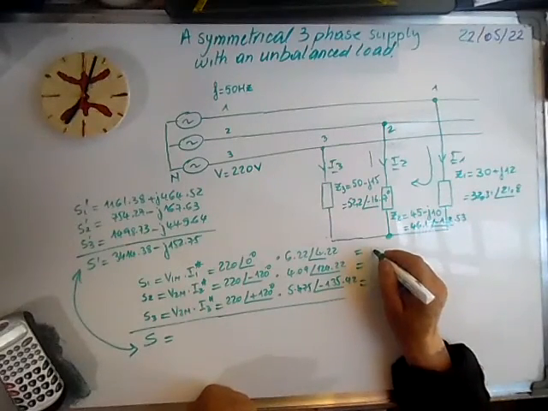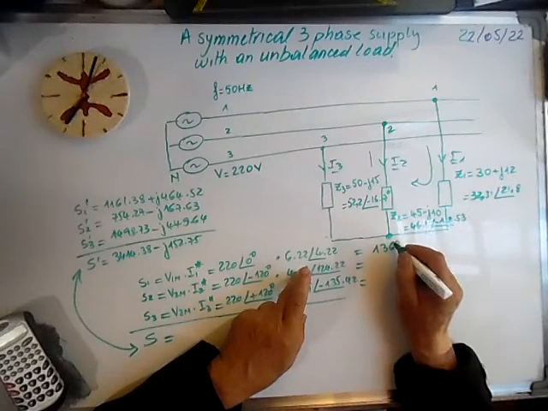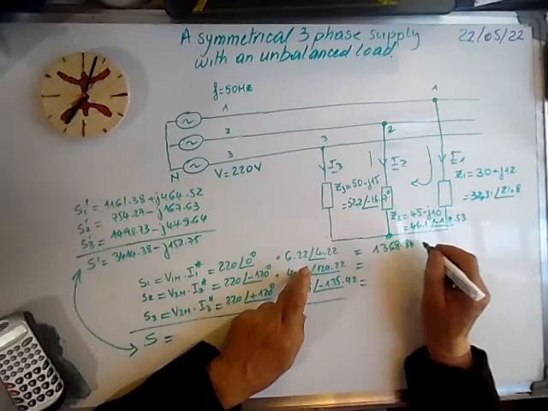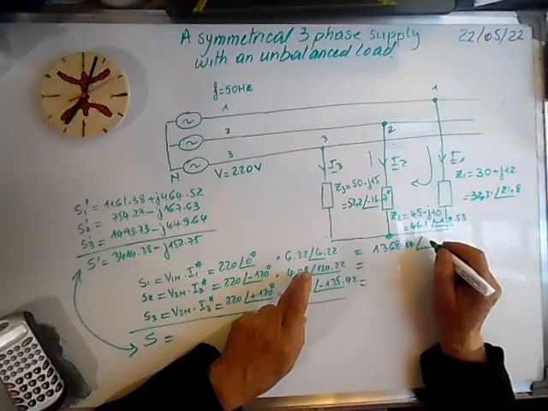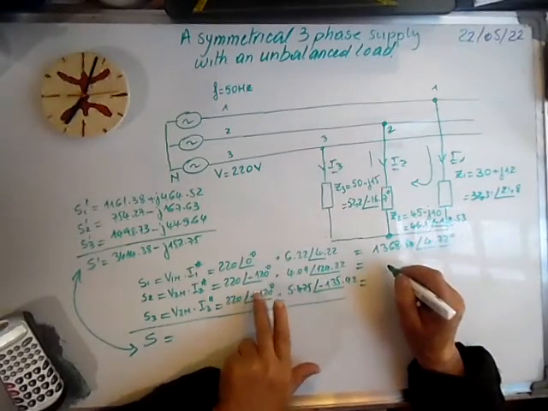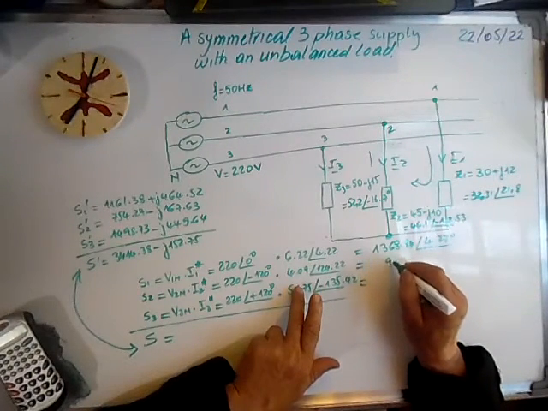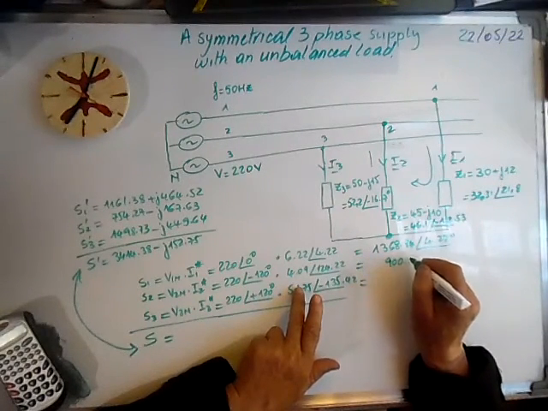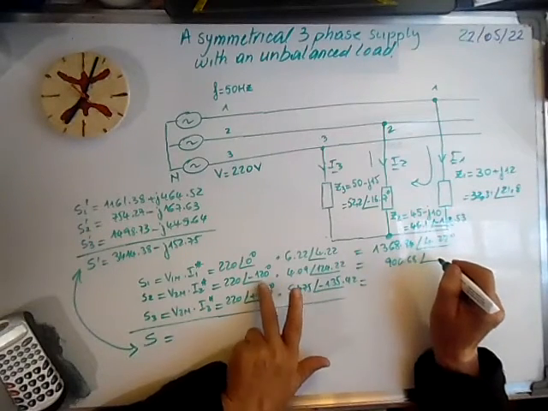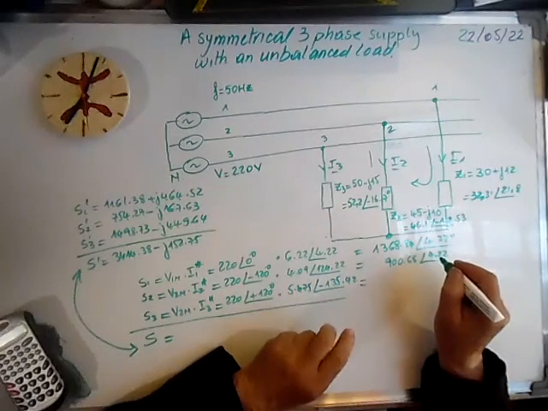So I have 1368.84 and the argument is 4.22 degrees. Here, this times this will give us 900.68, argument this plus this will give us an angle of 4.22.